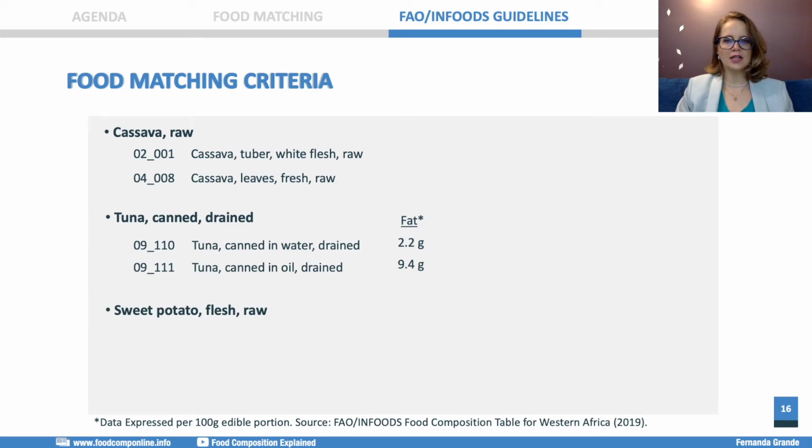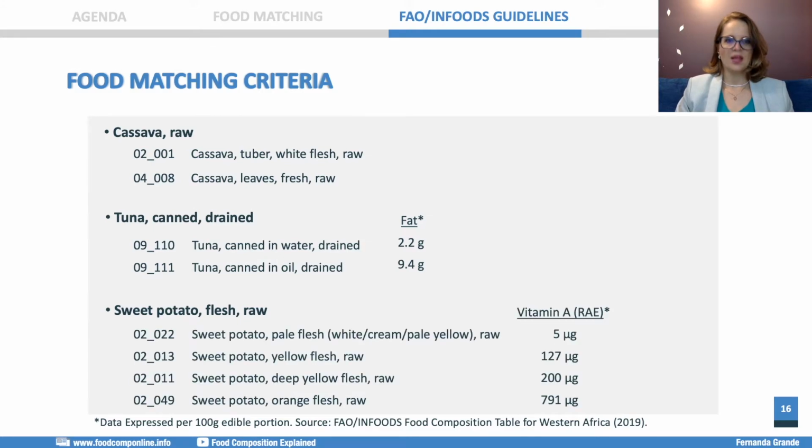And in the third example, we have sweet potato flesh raw, and in this case the flesh color is missing. And looking at the food composition table, we can see that depending on the color of the sweet potato, we will have completely different values for vitamin A, meaning that it would be of great importance if vitamin A was one of the components of interest in the survey.